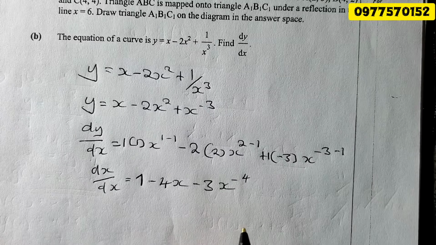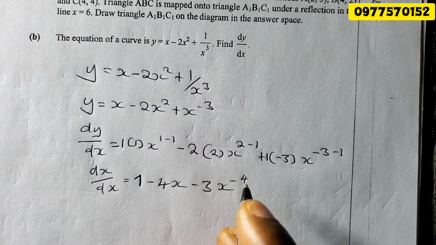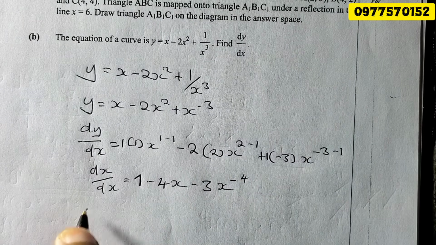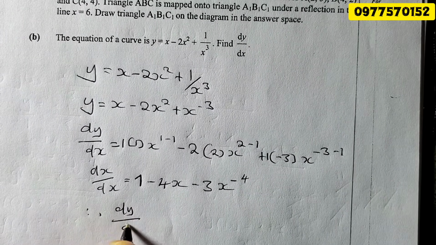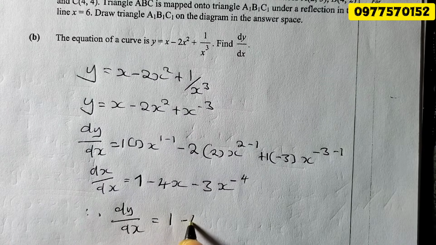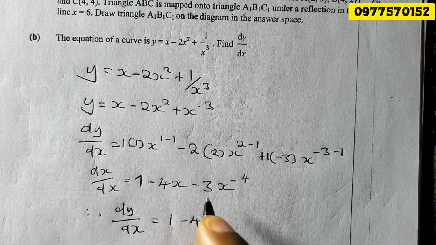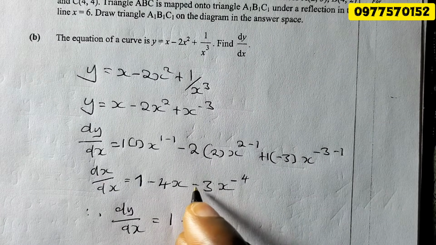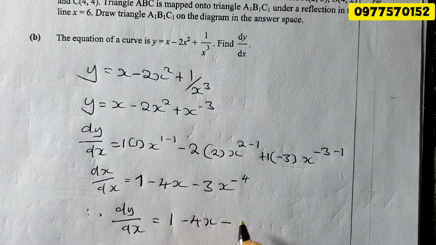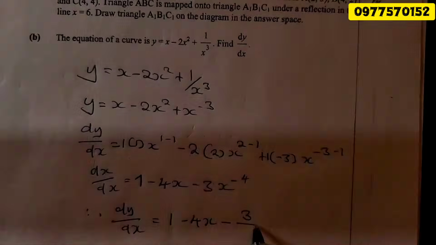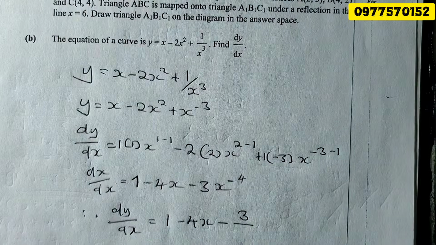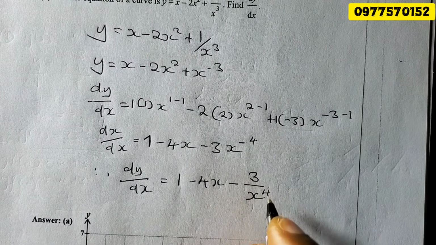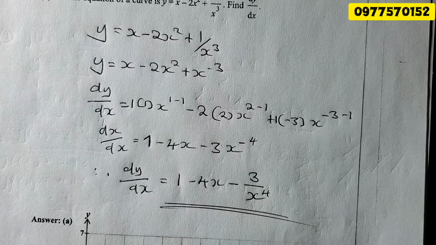We can't leave our answer like this. We shouldn't leave our answer with a negative exponent. We need to change to a positive power. So therefore dy/dx is equal to 1 minus 4x. Then check. This here becomes minus 3 over x, then the power becomes positive, and this is the final answer.